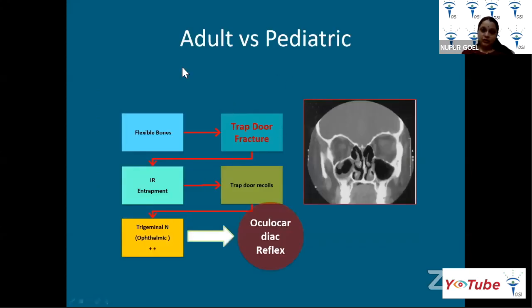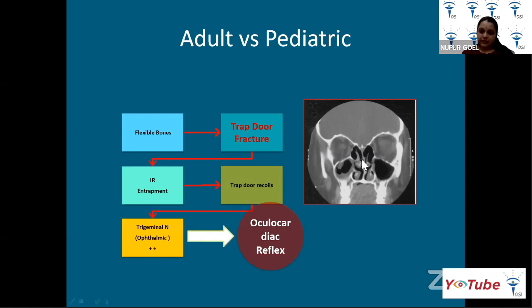One thing which also needs to be specified is the difference between an adult and a pediatric orbital fracture. The pediatric bones are very flexible, so it is sort of a trapdoor fracture, because of which there is an inferior rectus entrapment. The trapdoor recoils, and because of this stimulates the trigeminal nerve, leading to the oculocardiac reflex.